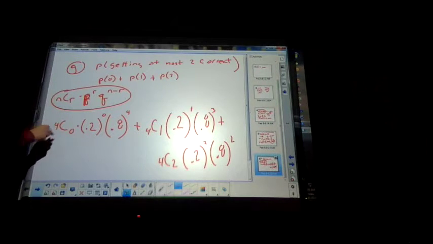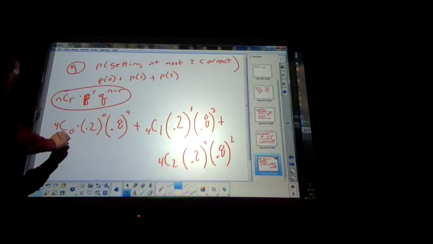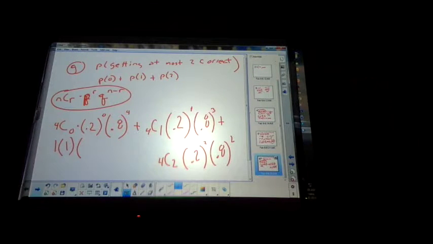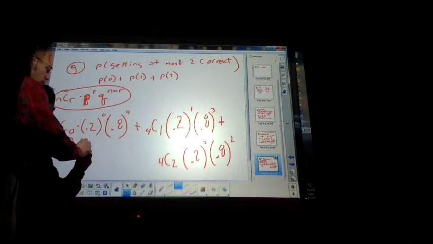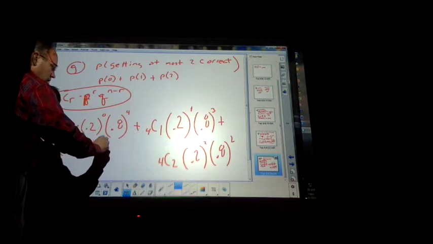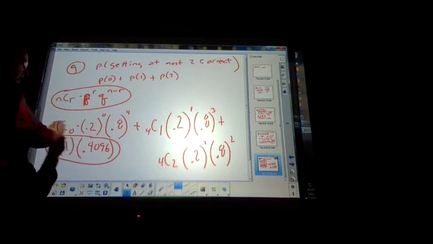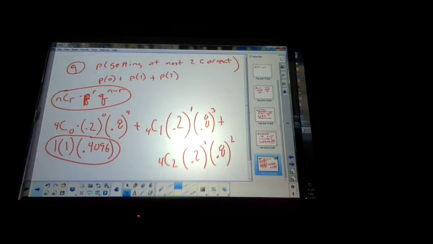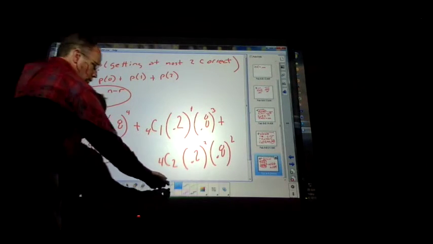What is 4 choose 0? 1. What is 0.2 raised to the 0 power? 1. What is 0.8 raised to the 4th power? 0.4096. Okay? We've taken care of this portion. Okay, what is 4 choose 1? 4.